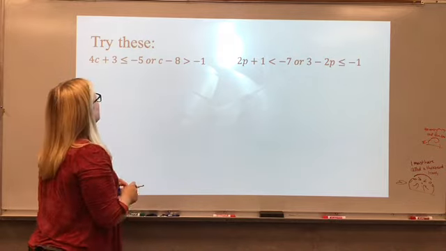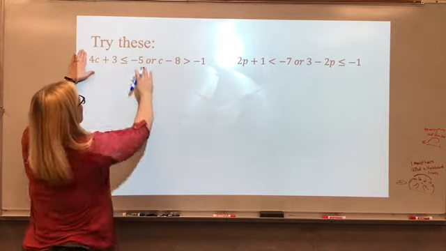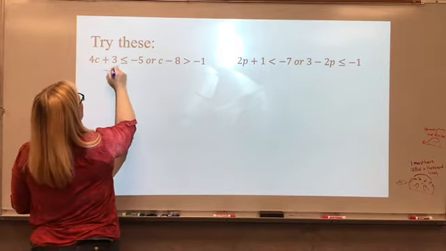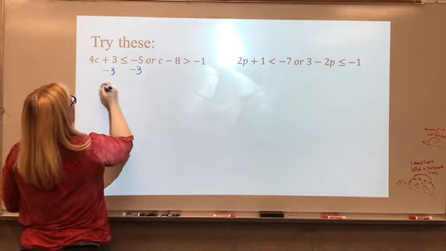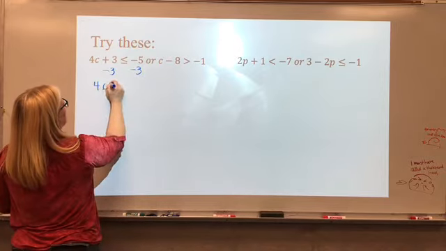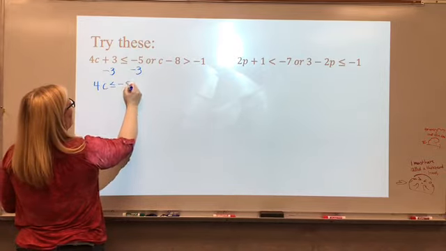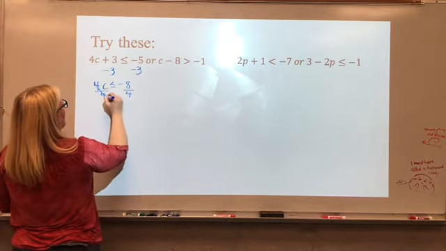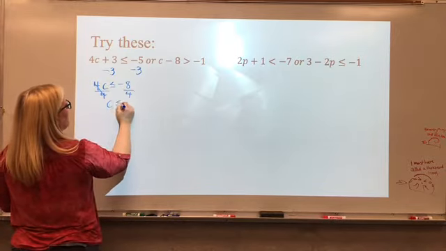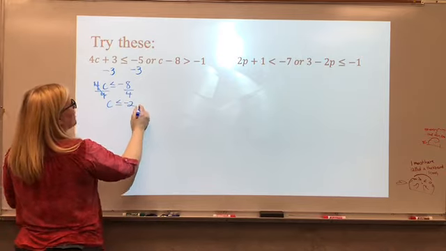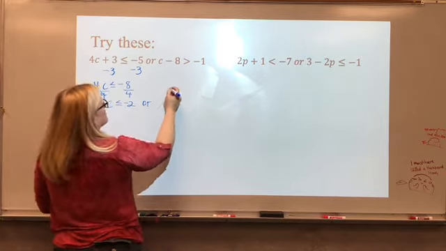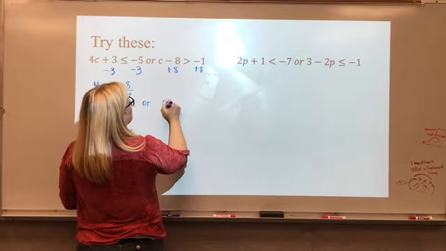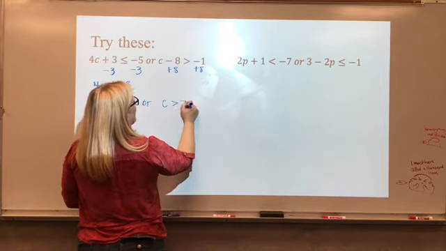All right, so we've got the 2 ors, so we're looking at these separately. So in this one, I'm going to subtract 3 from both sides, and I have 4c is less than or equal to negative 8, divide by 4, and I get c is less than or equal to negative 2, or I'm going to add 8 to both sides, and I have c is greater than 7.